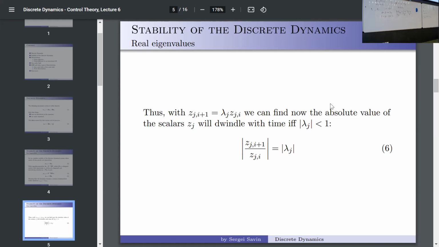The i index means the point in time, and 1 and 2 mean which components of Z. The same thing we can write as the vector Z sub i plus 1 equals the matrix 2, 0, 0, 0.5 times Z sub i. You get the idea, right? So we can transform this into two equations. The first equation is this, the second equation is this.